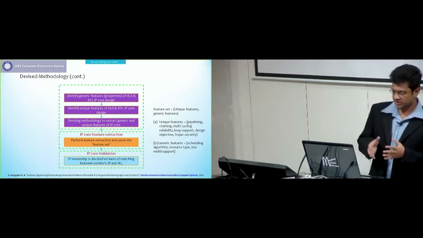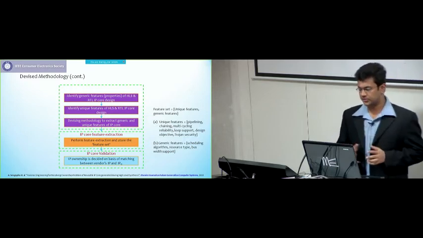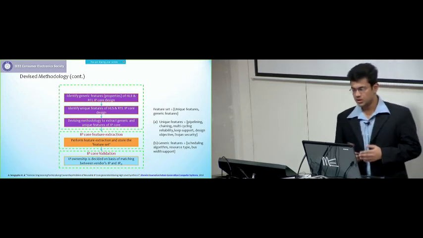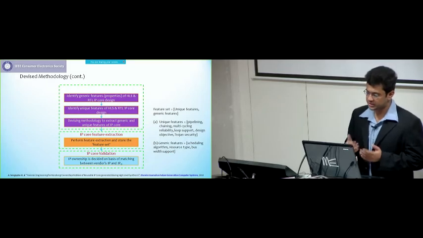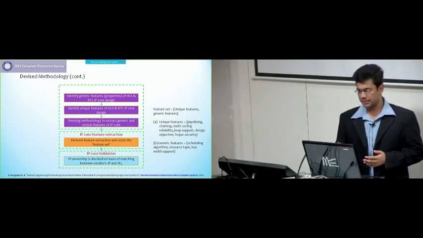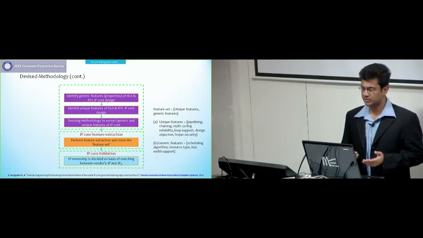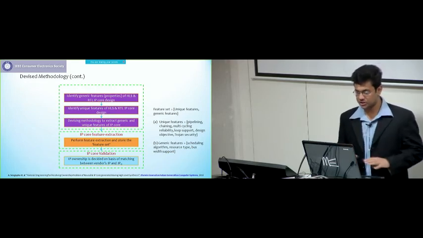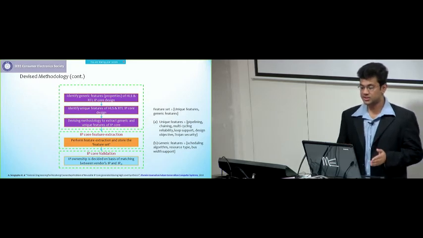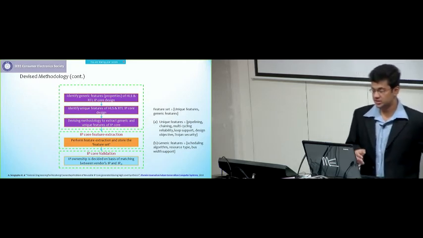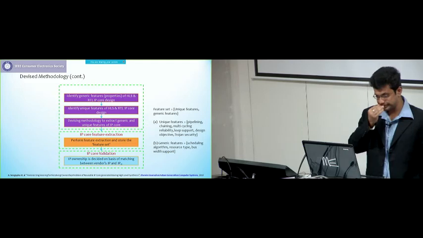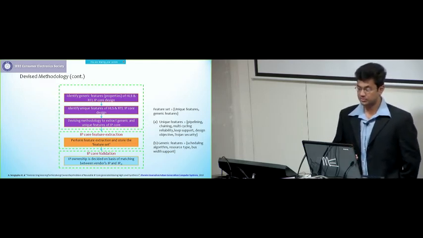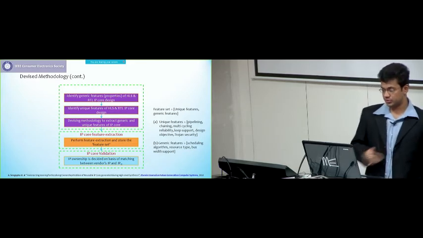So, the feature set comprises two different types of features. One is called the unique feature, the second is called the generic feature. Unique features in this case for HLS tool based IP cores are pipelining, chaining, multicycling, reliability, loop support, design objective, and Trojan security. In the context of the current designs that are used in CE devices, these unique features are extremely useful. However, there are also some other generic features that include scheduling algorithm, resource type, and bus width support.